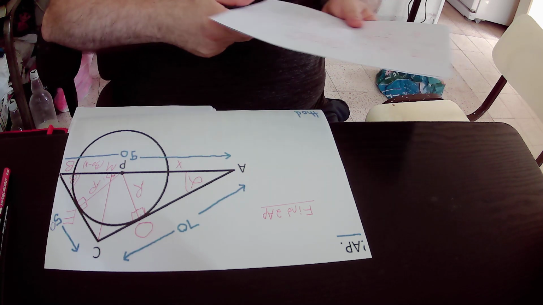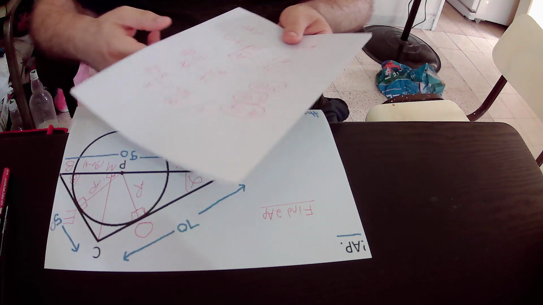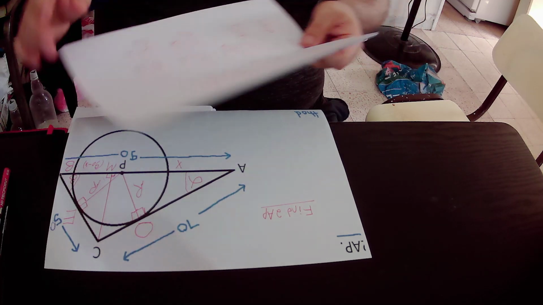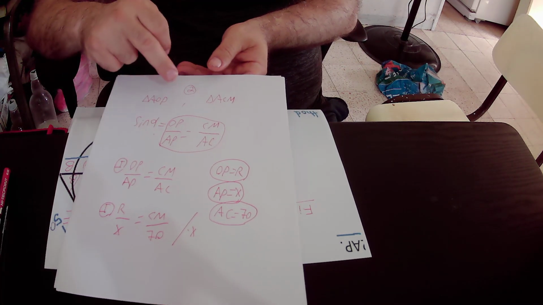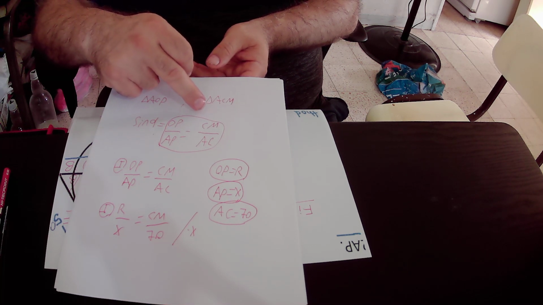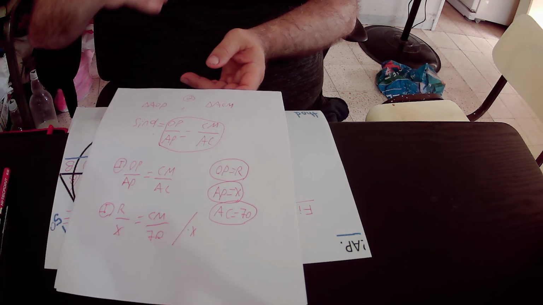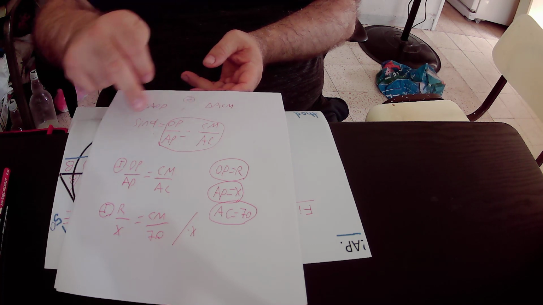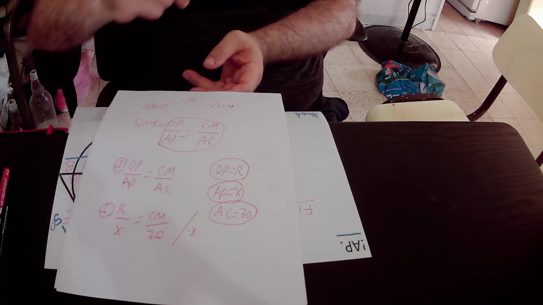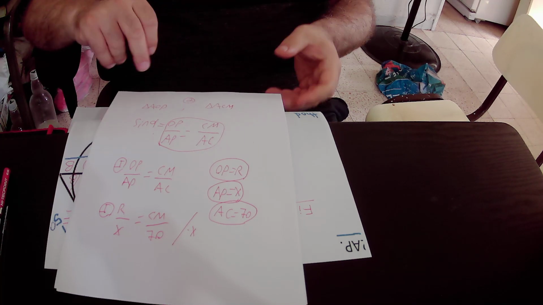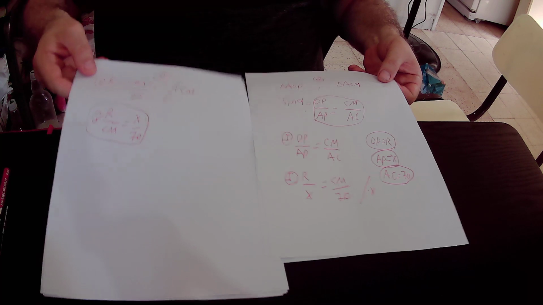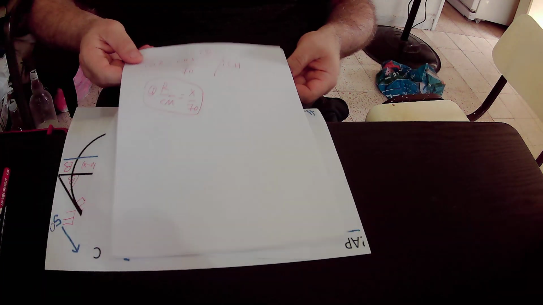So in total, we have the equality that sine alpha equals OP over AP, that equals CM over AC. Then we copied this equality and called it equation 1, OP over AP equals CM over AC.